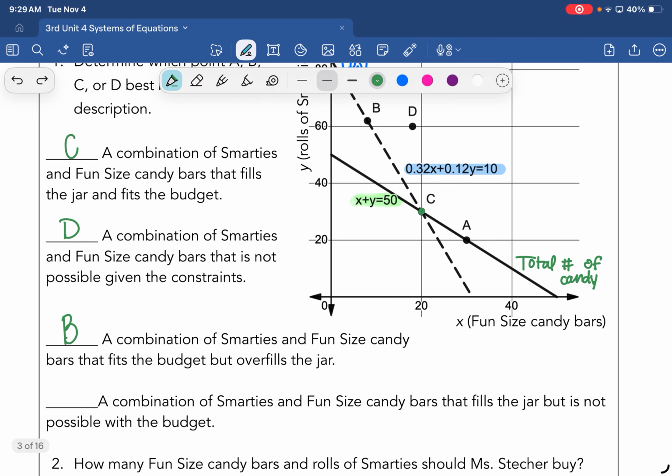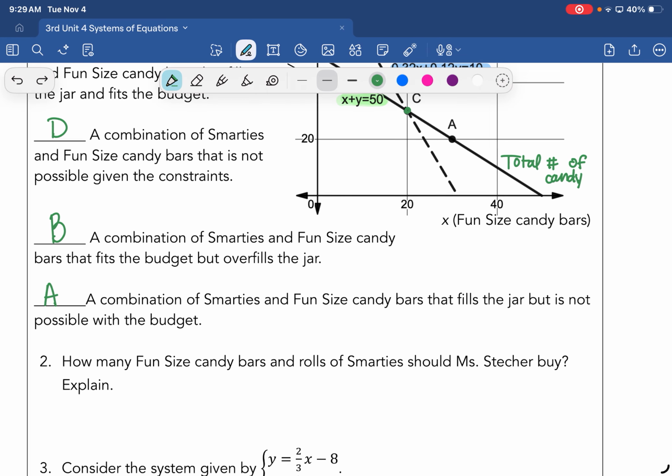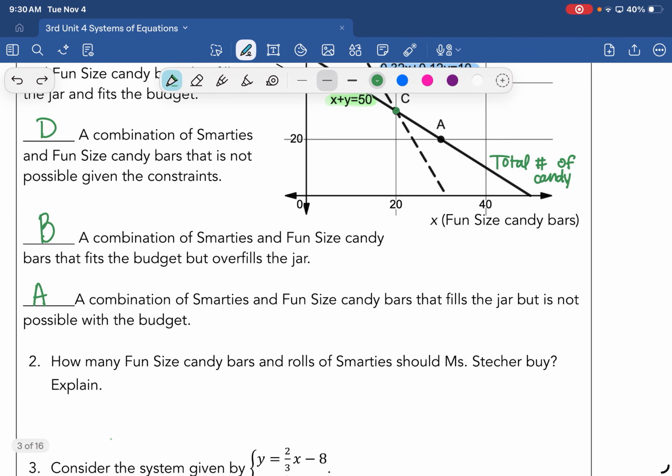Okay. Now, which one is a combination of Smarties and fun-sized candy bars that fills the jar, but it is not possible with the budget? A. Because A is more than the budget. All right. So now, how many fun-sized candy bars and Smarties should she buy? So how many fun-sized candy bars should she buy? 30 candy bars.